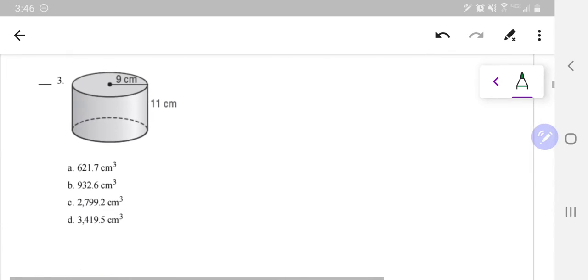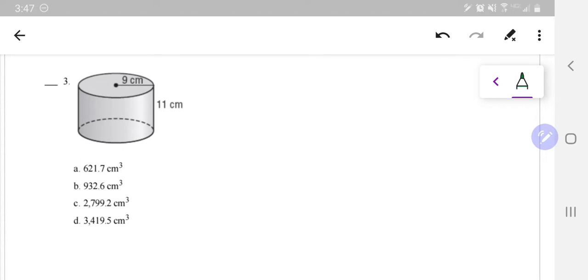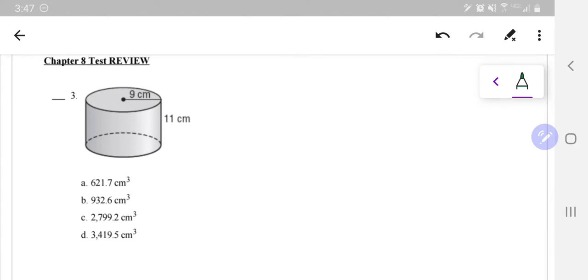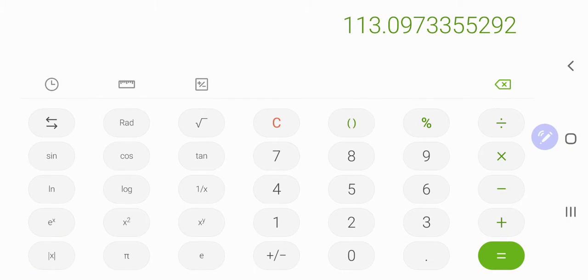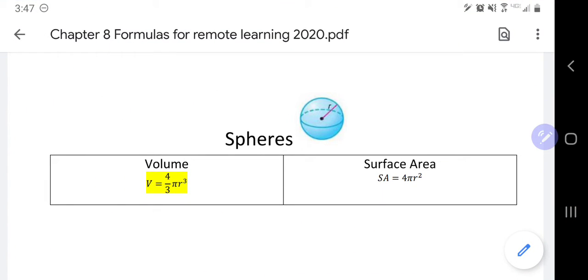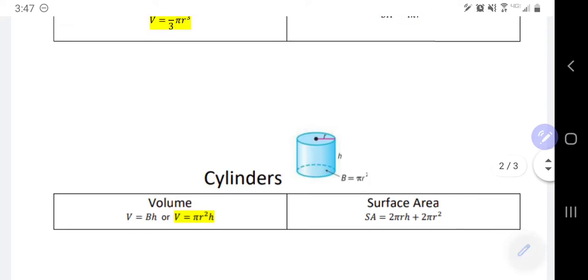Keep it moving. Remember to pause, go back, and rewatch to make sure that you're figuring this all out. Now, I'm still sticking with those same original directions. It said find volume, so now I have to find the volume of a cylinder. I'm going to go to my reference sheet and find cylinders. There it is.